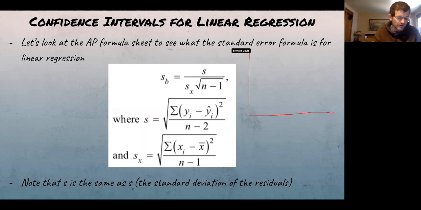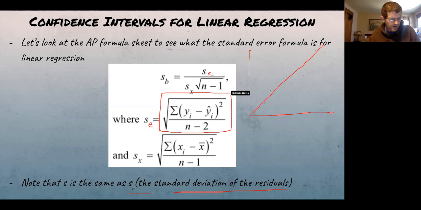All right, so imagine this. I've got a scatter plot, and I've got my regression line. Let's just start with S right here, which is the same as the standard deviation of the residuals, S sub E. In fact, notice that this is essentially a standard deviation calculation, but where I take the actual value, like this point right here, and I find the residual by subtracting it from its predicted value.